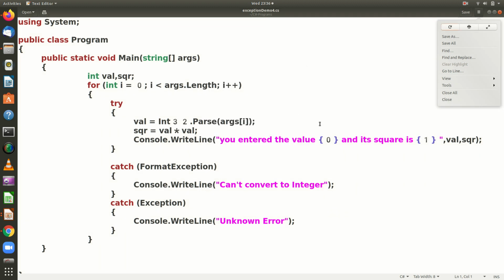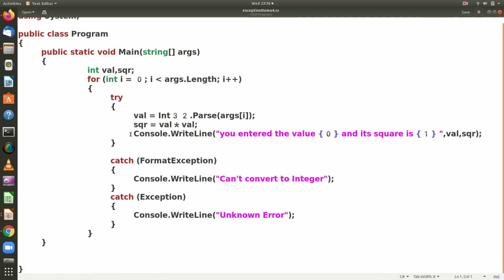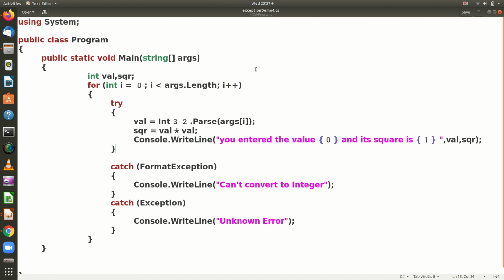Yeah, so it's now clear, I think. This is a demo program. Sorry, not this program, I'm really very sorry.